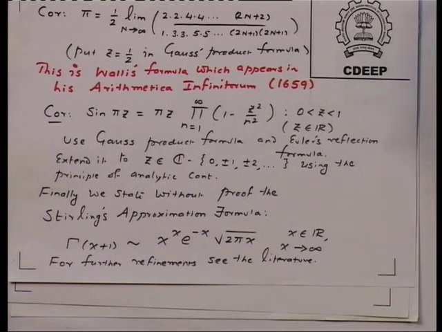The ratio goes to 1 as x tends to infinity. Correct? A very nice proof was given by Joseph Liouville, but unfortunately I really don't have time to discuss the proof of Stirling's approximation formula. I think we have to wrap up this discussion of the gamma function.